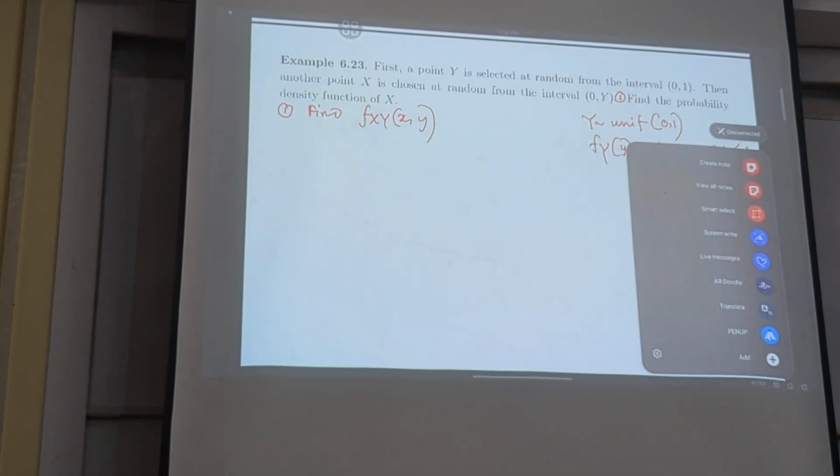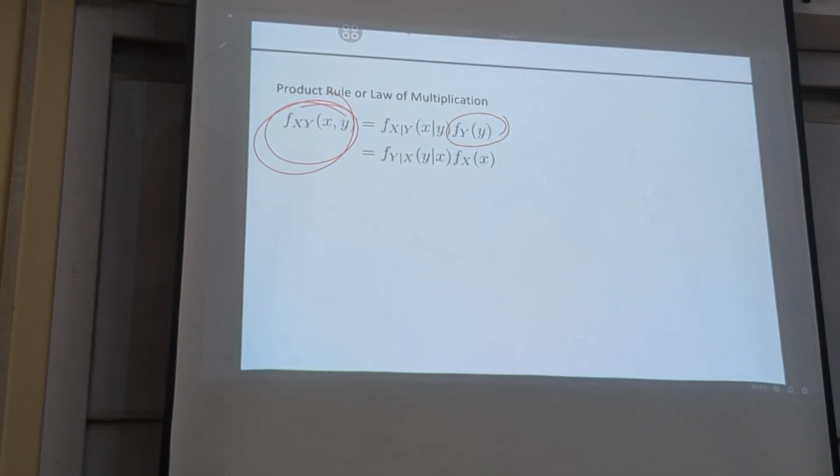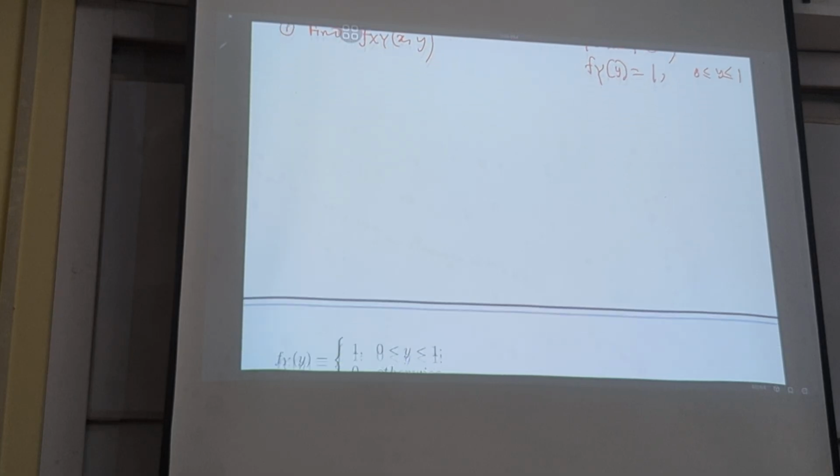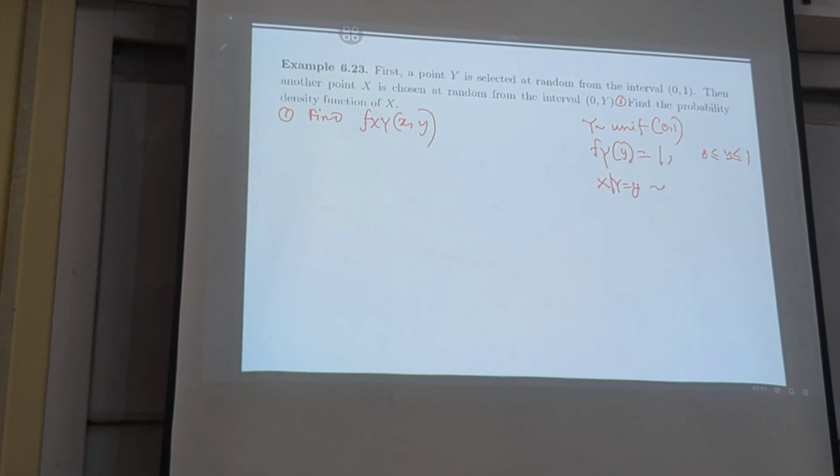And the conditional PDF of x given y, we do not have an option. If the marginal PDF of y is given, then we need the conditional PDF of x. Is it given here? X given y equal to y is what? 1/y.